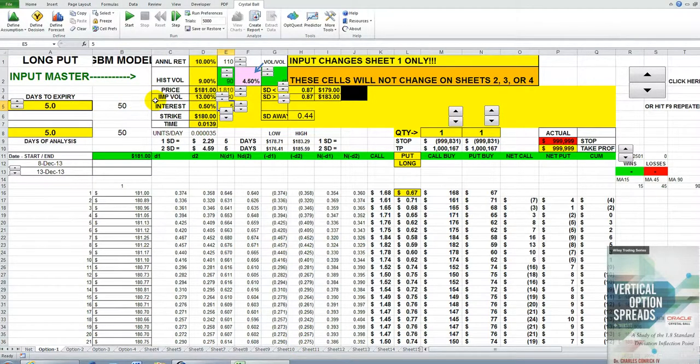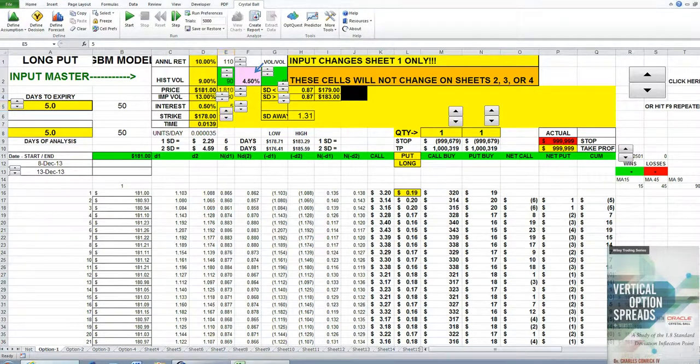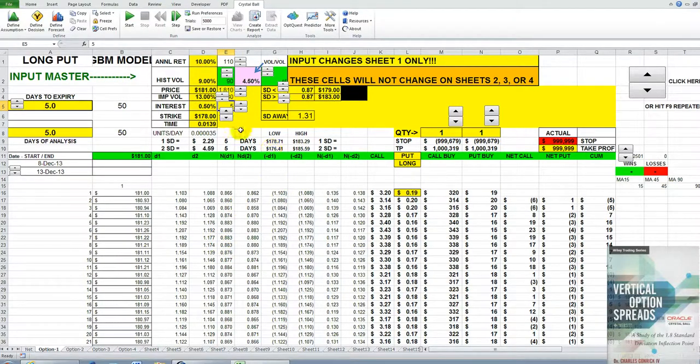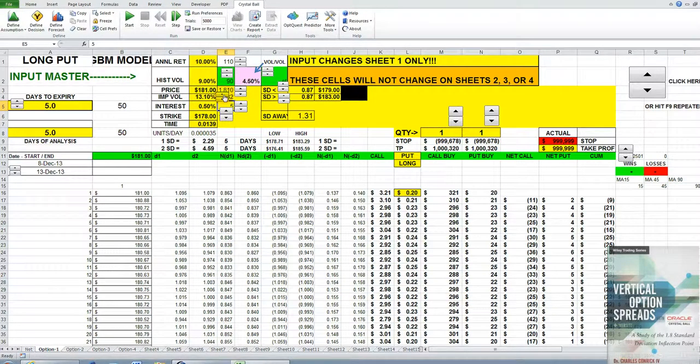So a bull put credit spread, we're going to drop this to 178, and I forgot already. It's 28.39. So now let's raise the first price to 28, which is done right there.